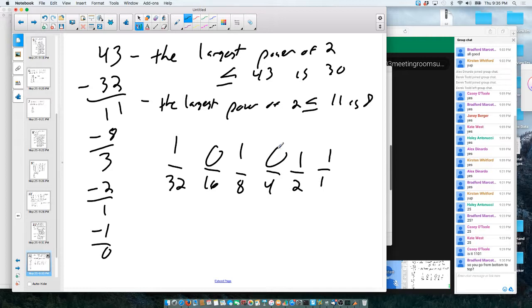The reason this screws people up sometimes is because if you count the powers of 2 wrong, if you forget that there's a 16 between 8 and 32, if you go 16 to 20 or something like that and don't do the doubling right, you get messed up. And if you pick a power of 2 that's too big, you get a negative. You don't want that. If you pick a power of 2 that's too small, you'll get too big of a number, and that'll screw you up later.